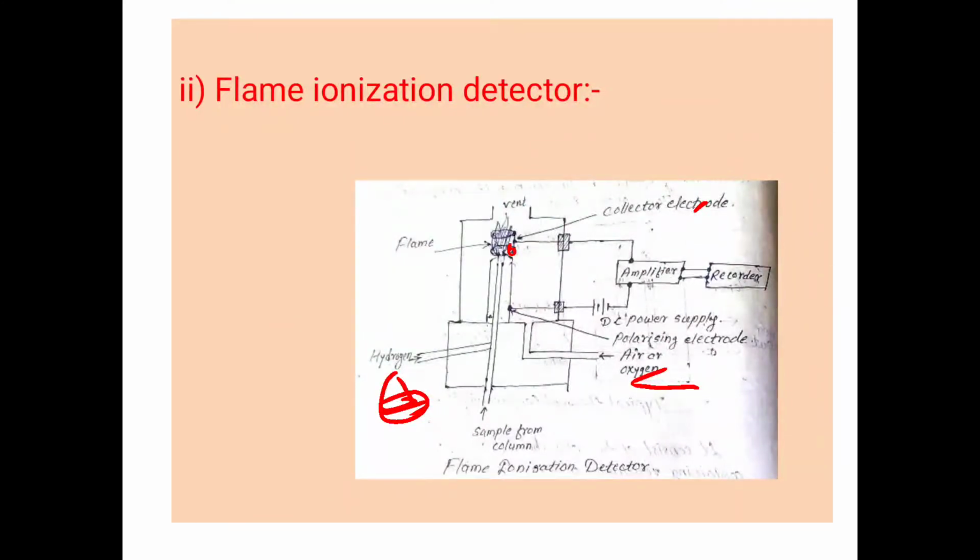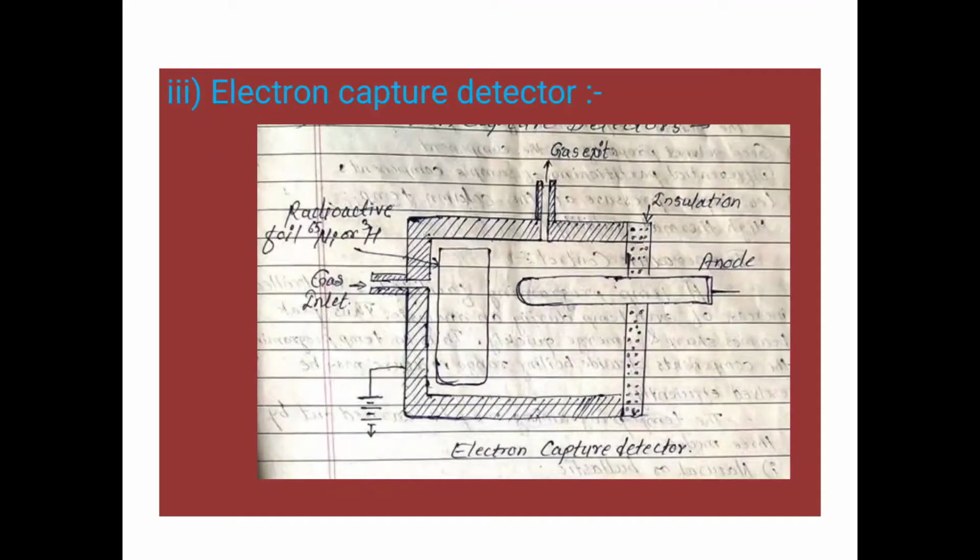The jet serves as one electrode, and the collector is the other electrode, and in this way the detector responds to all organic compounds, but very few compounds like formaldehyde and formic acid cannot be detected by using this detector.